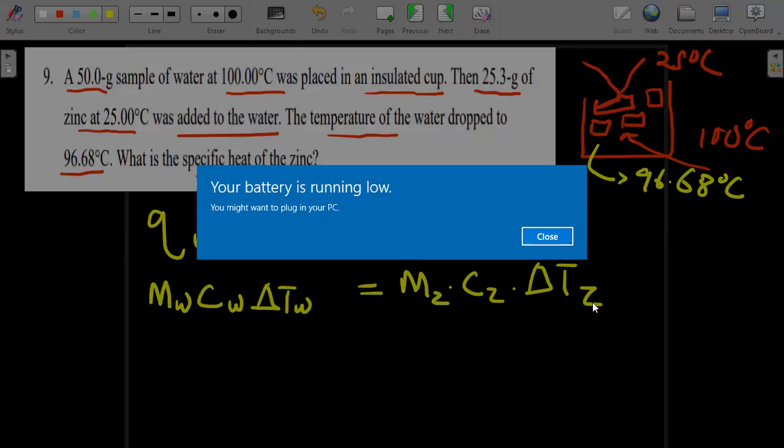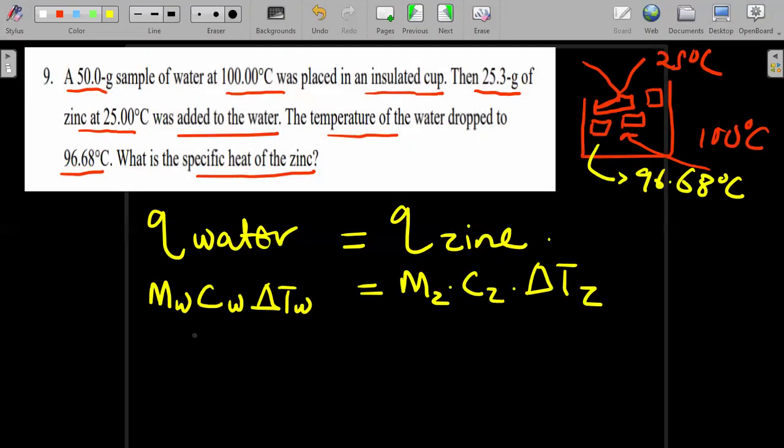So from there, what are we going to do? We are going to get the data that we've been given in the question. The mass of the water is just 50 grams, multiplied by the specific heat capacity of water.